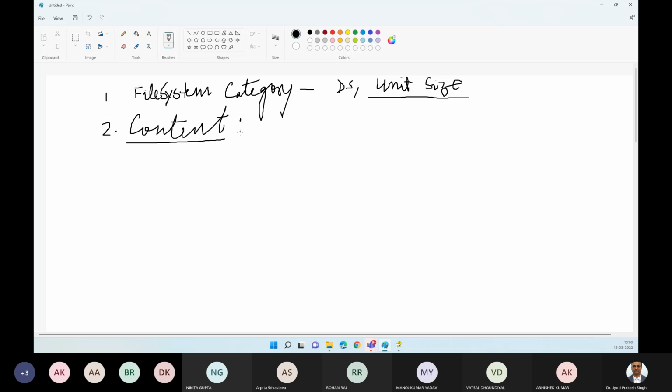How many such units are allocated to a particular file, whether it is stored in a contiguous manner or in a fragmented way. We will see shortly that it is not possible for us to maintain the whole file system in a contiguous way. I hope the meaning of contiguous and fragmented is clear. If not, I will shortly come to that point.